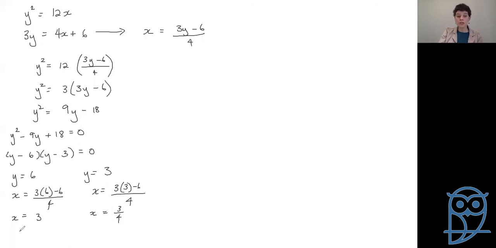So our solutions again, let's actually not make things cramped. So solutions would be x equals 3, y equals 6, x equals 3/4, y equals 3.